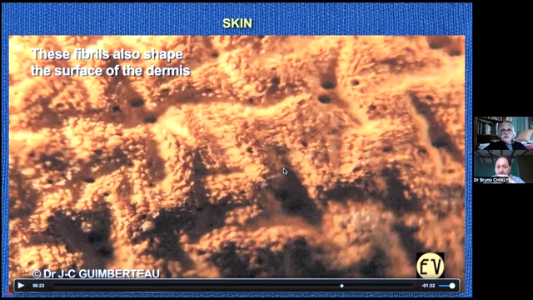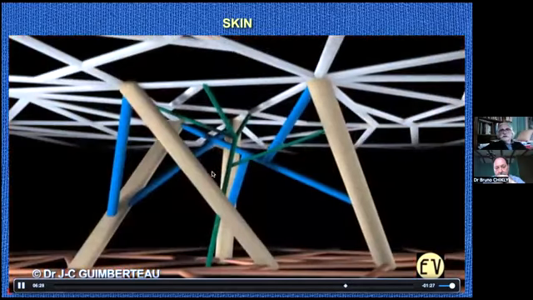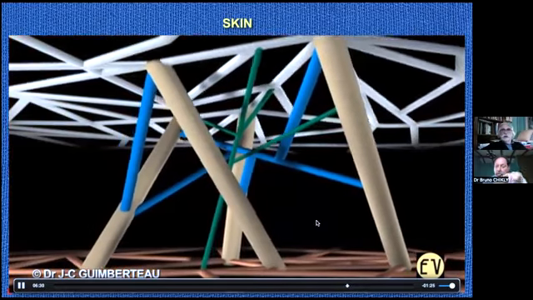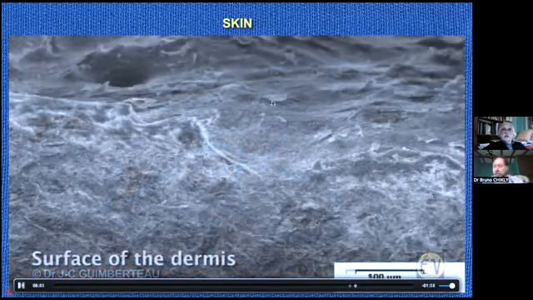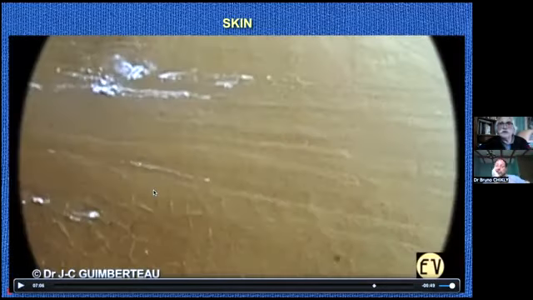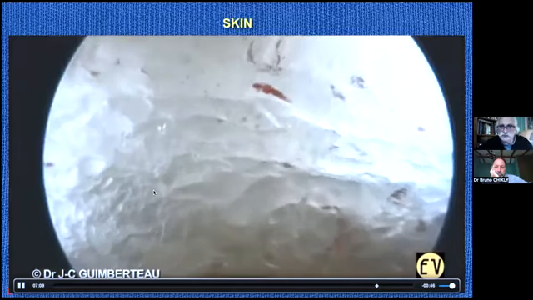At the surface of the dermis, you can see shapes, almost like the surface of the epidermis. So that's not from you, right? That's electronic microscope, the dermis? Yes, this is the surface of the dermis. It's very various. It's not always the same organization for the fibers of the dermis.